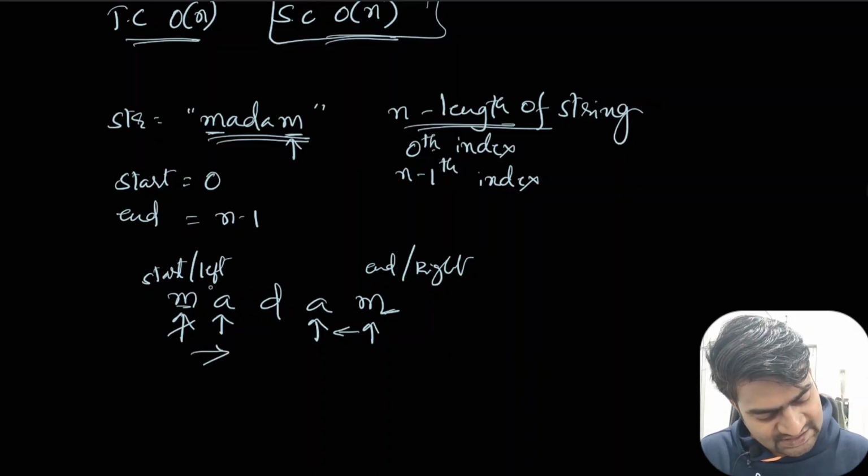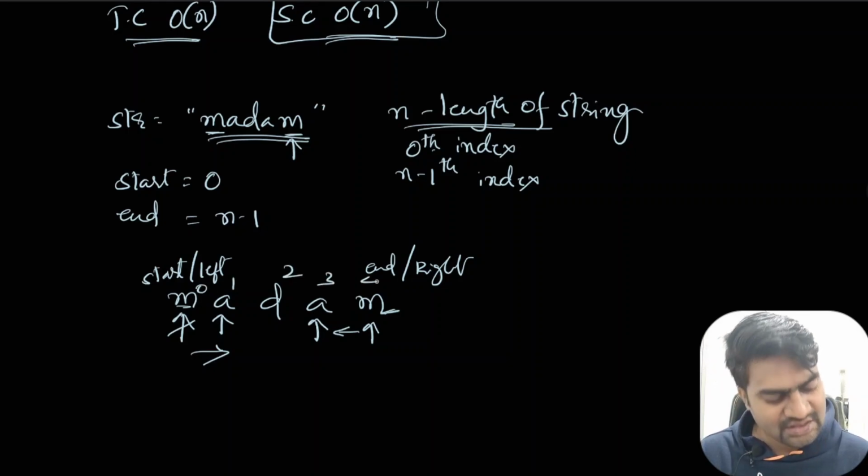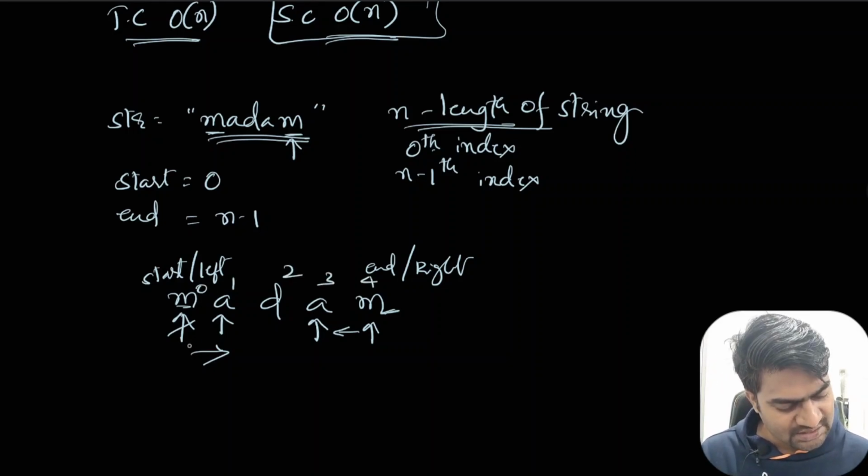If you take the indexes 0, 1, 2, 3 and 4, now the left gets increased by 1, so 0 becomes 1, and the right gets decreased by 1, so 4 becomes 3. Now again I will check these two characters. If they are the same, again I will increment the left pointer and decrement the right pointer.